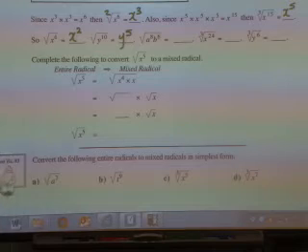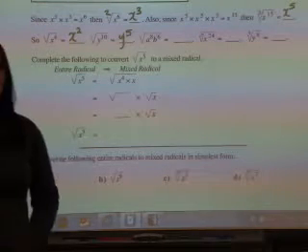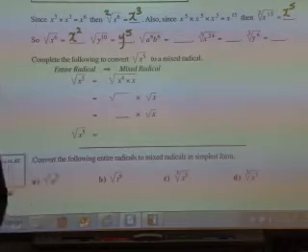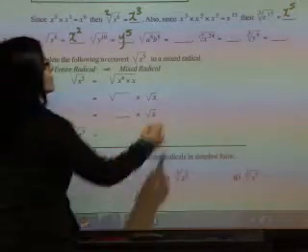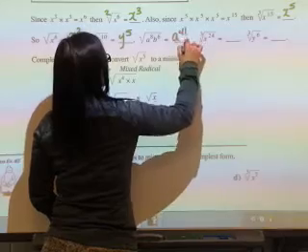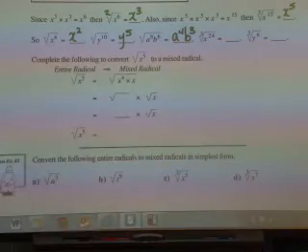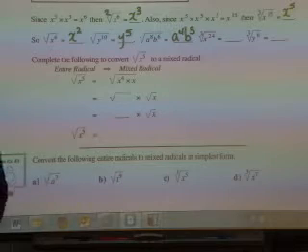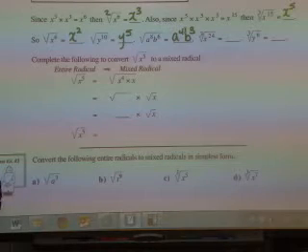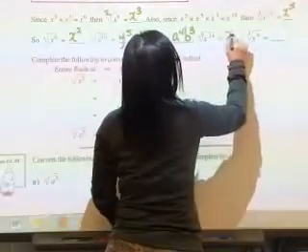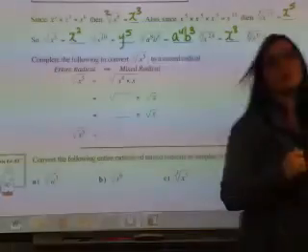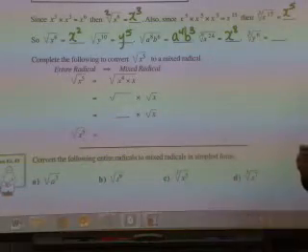If I wanted to take a to the power of 8, b to the power of 6, and take the square root of that, a to the power of 4 and b to the power of 3. What about the cubed root of x to the power of 24? X to the power of 8. And the cubed root of y to the power of 6? Y to the power of 2.